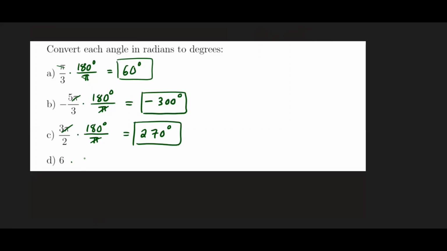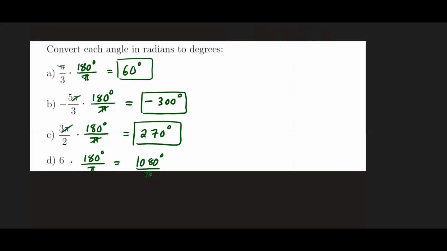And the last one, 6 radians. So we multiply with 180 degrees over pi. Now for this one, pi is not going to cancel because there is no pi in the given angle. So your answer will involve pi. But if you want to use a calculator to write the decimal, you are also allowed to do that. So if I multiply these numbers, 180 and 6, I would get 1080 degrees over pi.